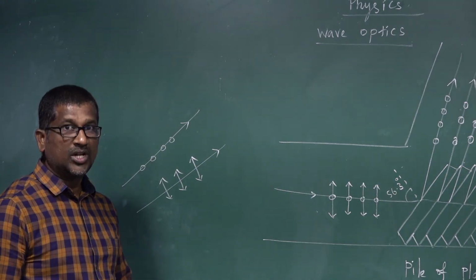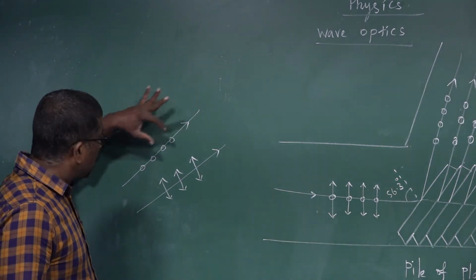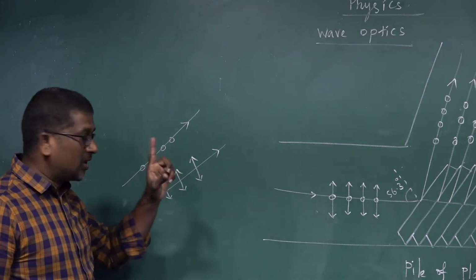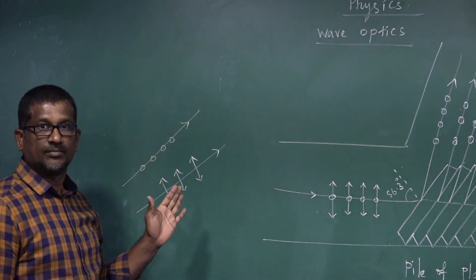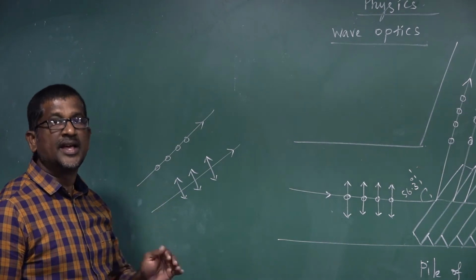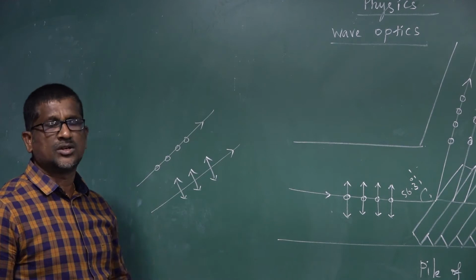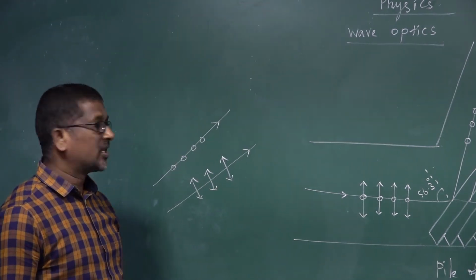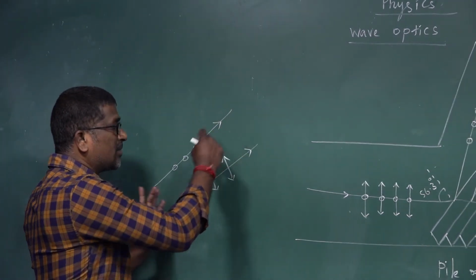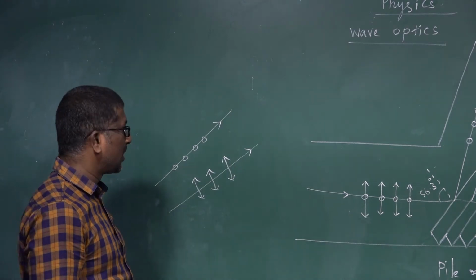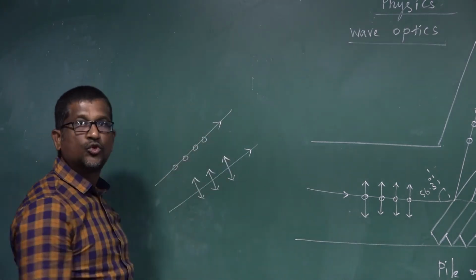So what is meant by plane polarized light? The light which contains vibration in only one direction is called polarized light or plane polarized light. Here both diagrams represent plane polarized light. Then what is the difference between these two diagrams?